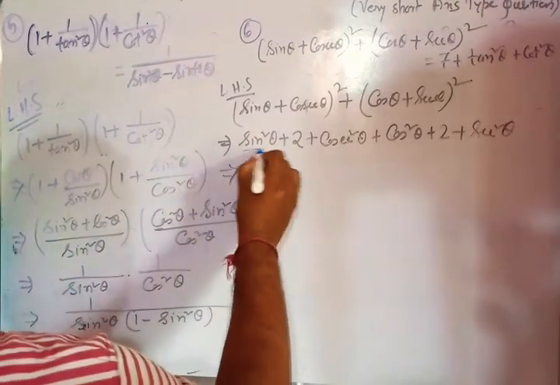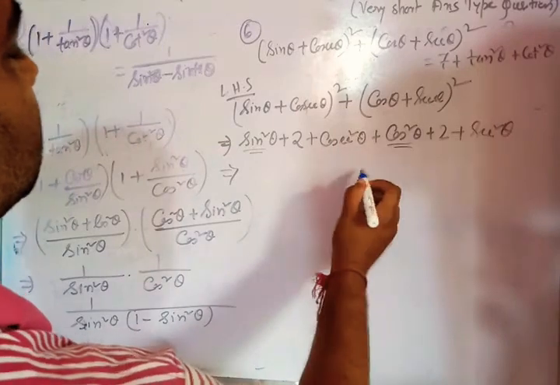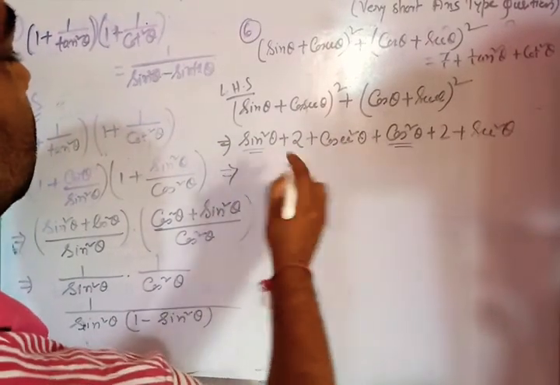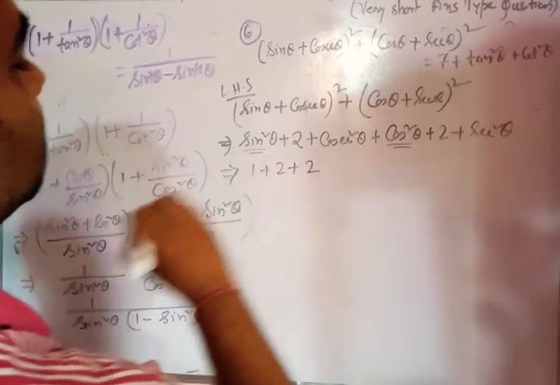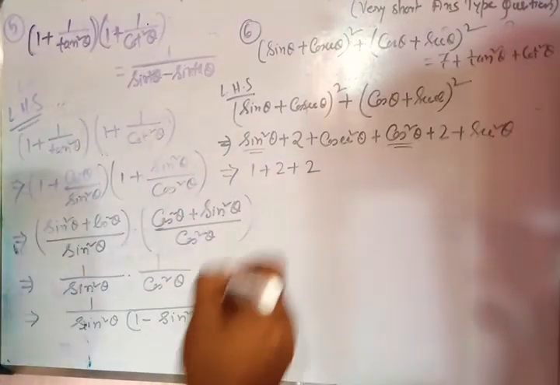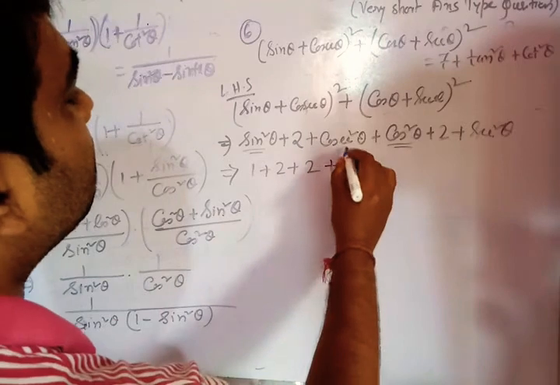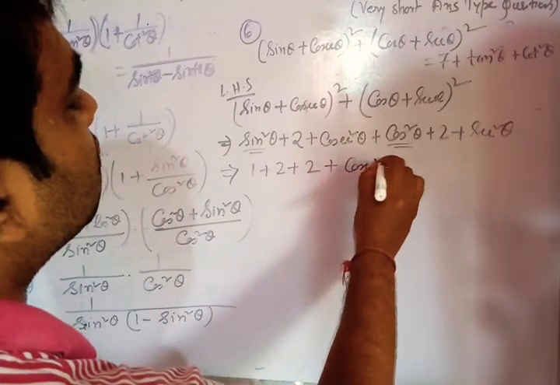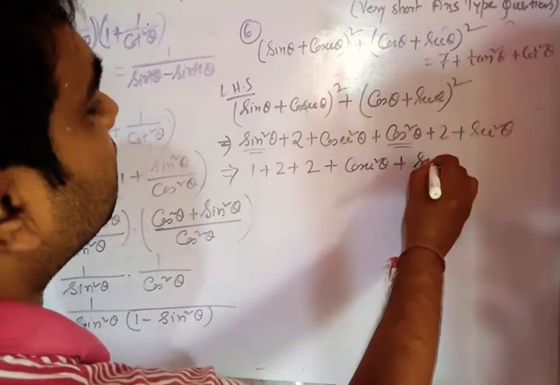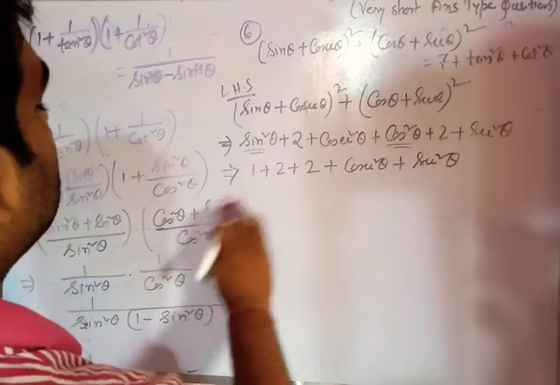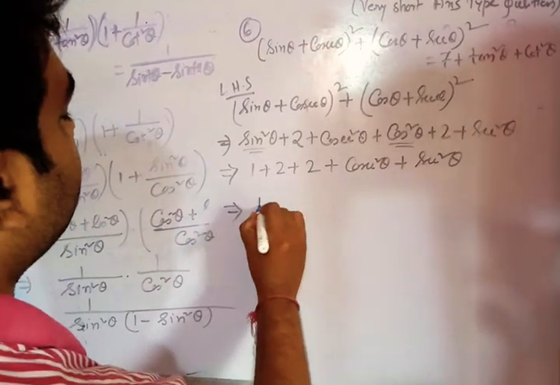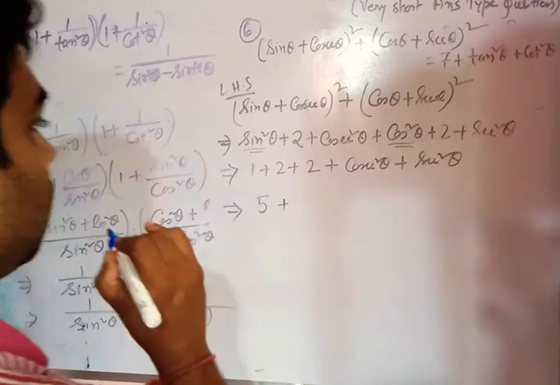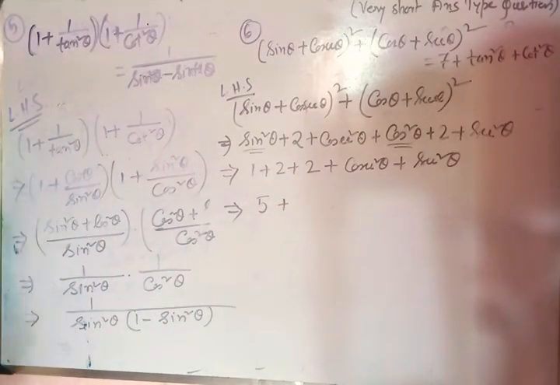Now this sin square theta and cos square theta equals 1, so 1 plus 2 plus 2. Next we are getting plus cosec square theta plus sec square theta. From here we are just writing this is equal to 5. We know that cosec square theta minus cot square theta is equal to 1.